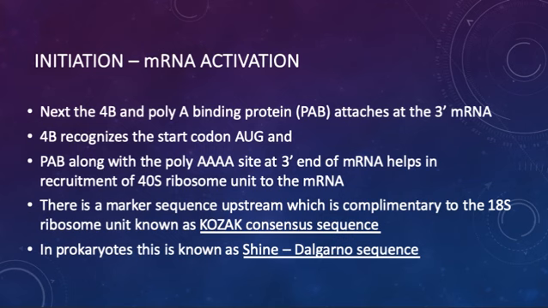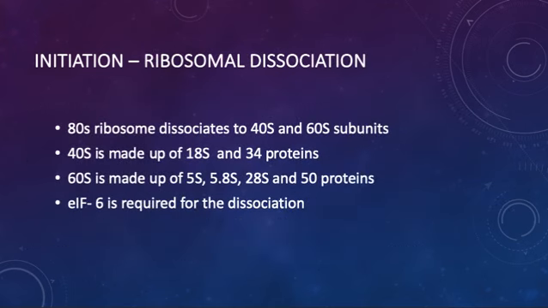Next we'll go on to ribosomal dissociation, that is the 80S ribosome dissociates to form the 40S and 60S subunits. Now this 40S subunit is made up of 18S rRNA and 34 proteins, and the 60S is made up of 5S, 5.8S, 28S rRNA and 50 proteins.